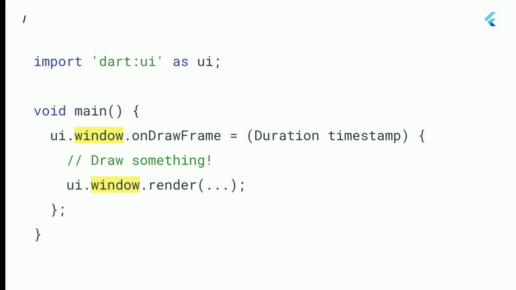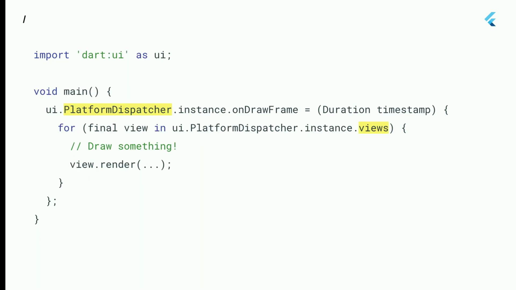So we've had to clean up a lot of these single window assumptions from Flutter to make it support multiple windows. Now let's look at what this example looks like now that we've started cleaning out some of these single window assumptions. First, we've introduced a platform dispatcher global, which replaces the previous window global. Using the platform dispatcher, I register another frame callback.